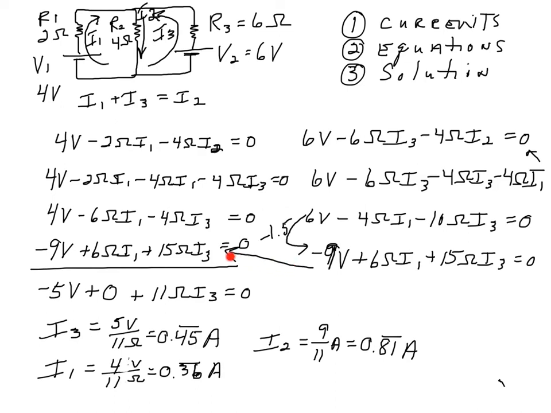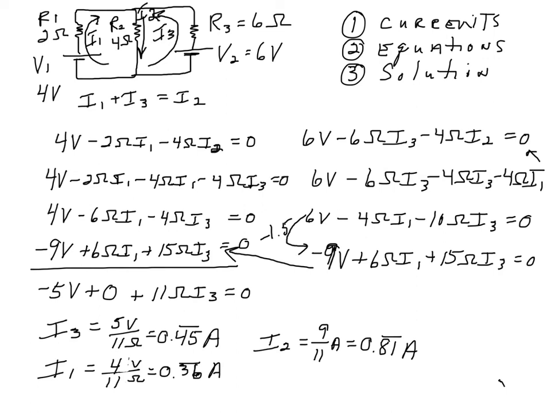I bring that equation over here, and I subtract the bottom equation from the top equation. I subtract the equation for the right loop from the equation for the left loop, and I've set it up so these two terms will go to 0.